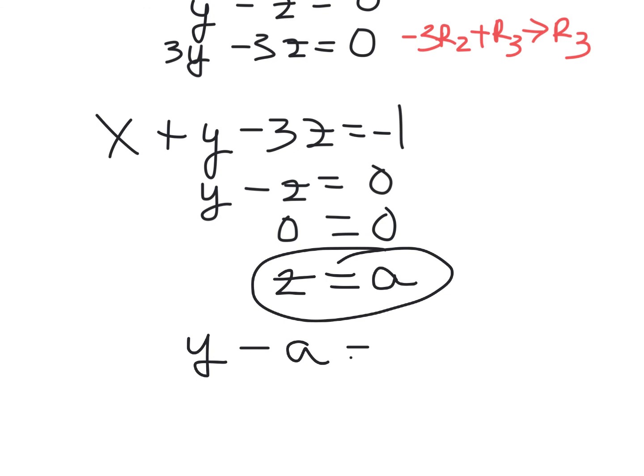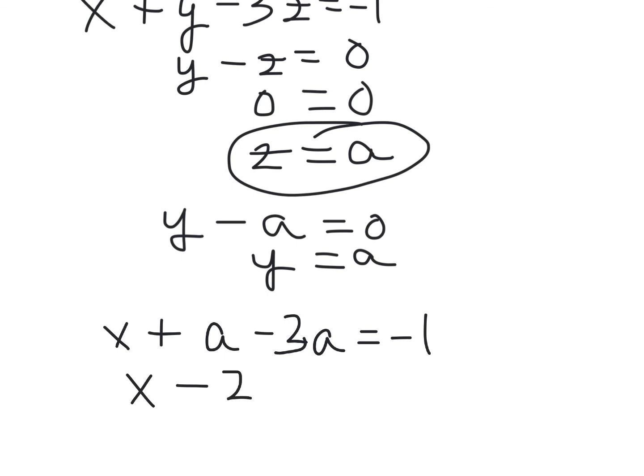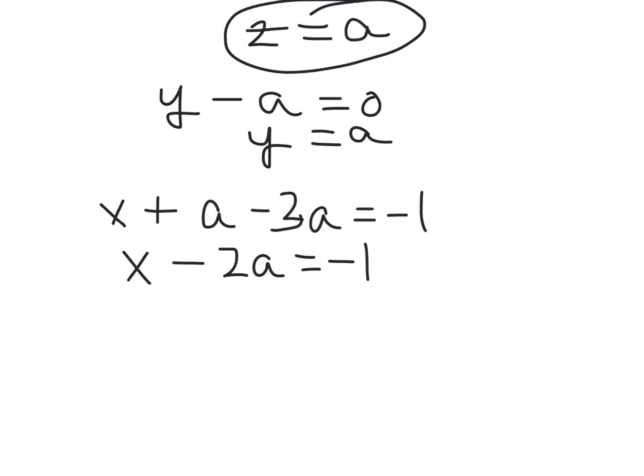So I'm going to plug a into z in the second equation, and then add over, we get y equals a, and now we have x plus, in the top equation, y equals a, z equals a, equals negative 1. And now I simplify over here. a minus 3a is negative 2a... so 2a equals negative 1. And now I'm going to add over the 2a. We get 2a minus 1.